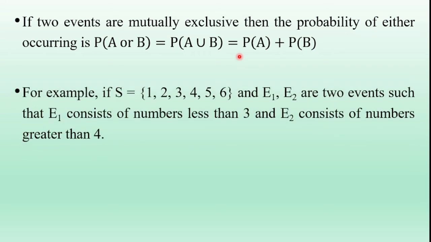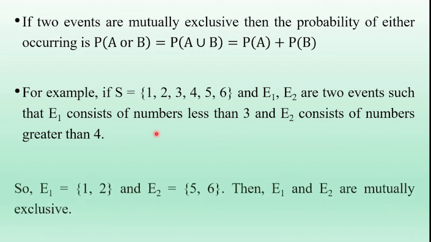For example, rolling a die, the sample space S is 1 to 6, and E1 and E2 are two events such that event E1 consists of numbers less than 3 and event E2 consists of numbers greater than 4.